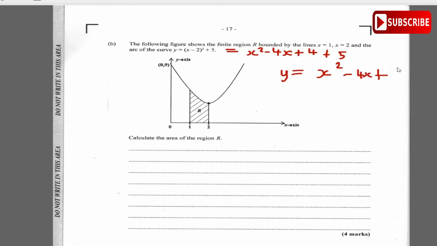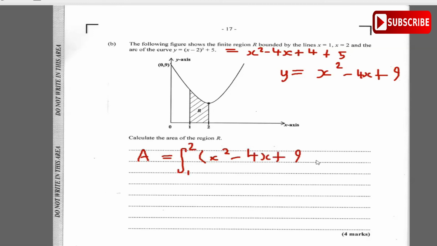This looks easier to integrate. Now, let's say we want the area under the curve. The area under the curve is going to be equal to the integral from 1 to 2 of the curve, which is x squared minus 4x plus 9.